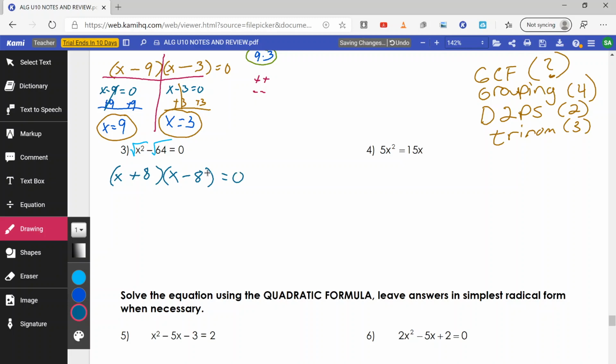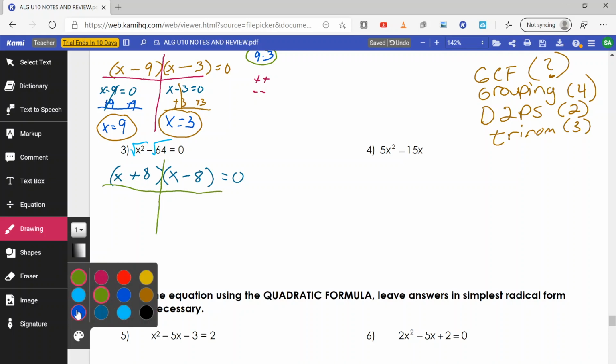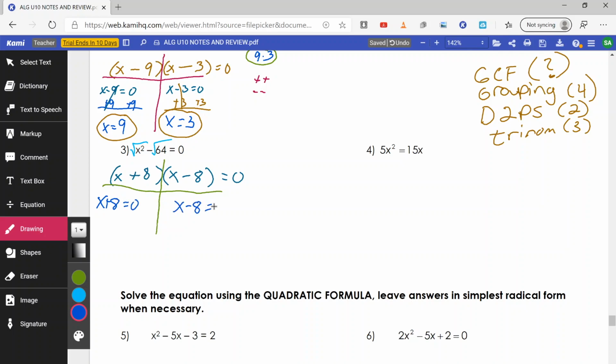So here what we want to do is make sure that we don't have any more common factors or any of these fancy items going on, which we don't. And again, I need to know the value of x that makes this true. So each parenthesis can be split up and set equal to 0. So x plus 8 equals 0 and x minus 8 equals 0.